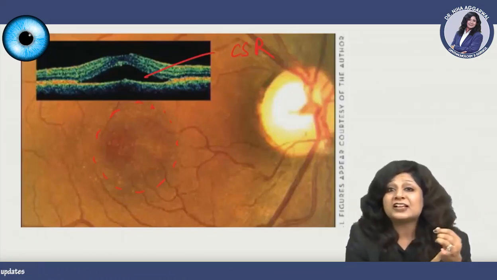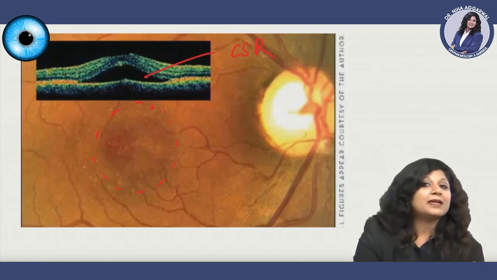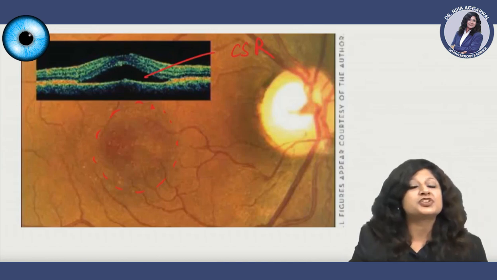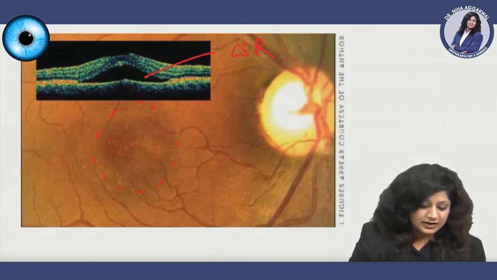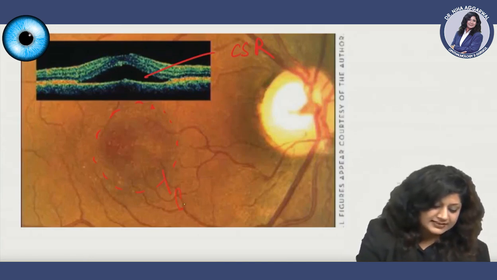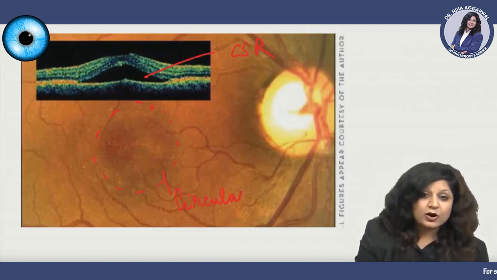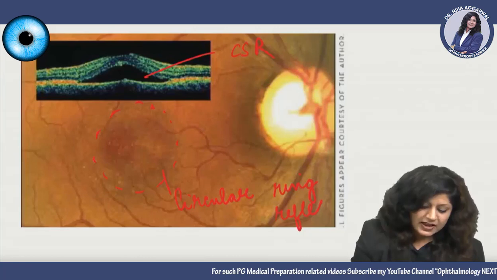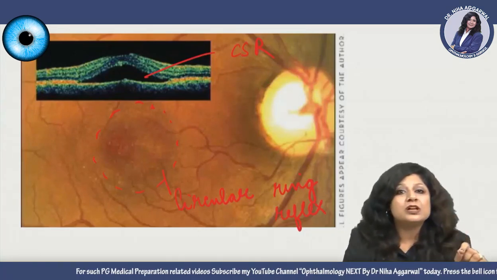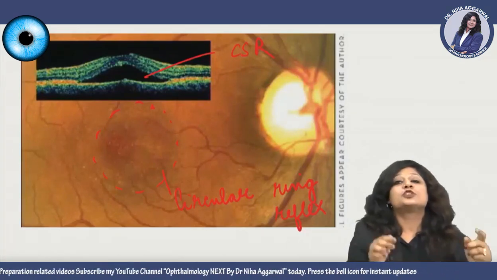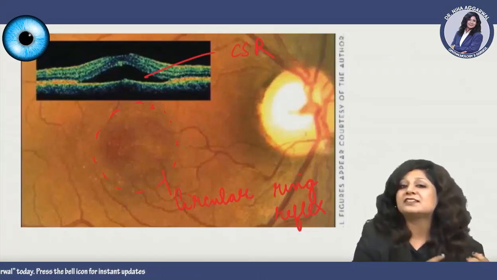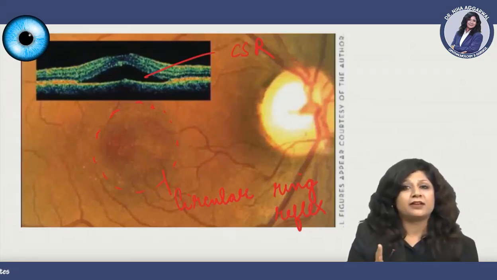Because of the detachment, the macula is elevated. Now what is the shape of the macula? Circular. That is why this is called the circular ring reflex. So when you see the fundus of a CSR patient, we will get a circular ring reflex.